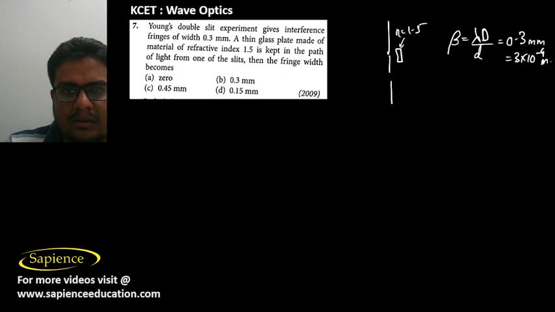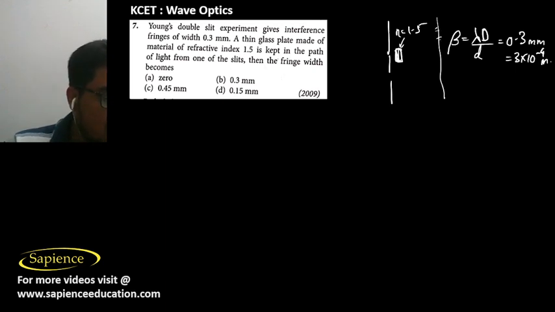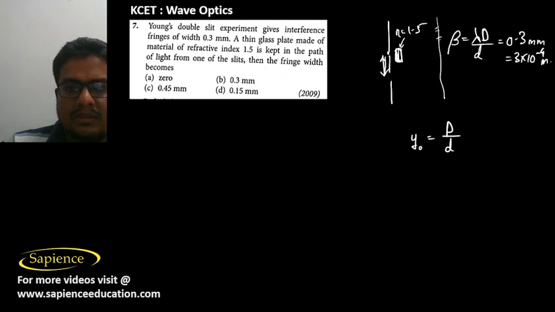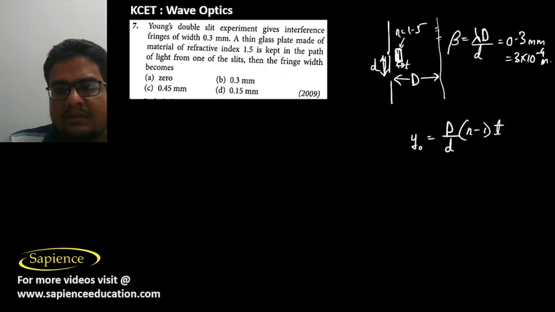So when this glass plate is placed, all the fringes will get shifted by a length y naught equal to D by d into n minus 1 into t, where small d is the separation of the two slits, D is the distance between the plane of the slits and the screen, t is the thickness of this glass plate and n is the refractive index.